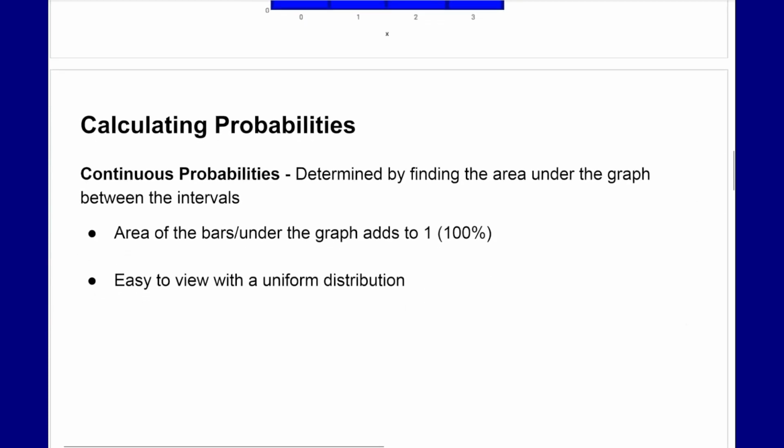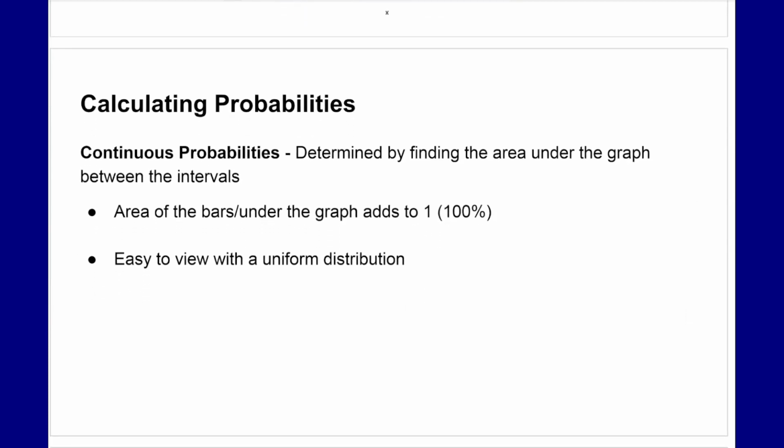When we're looking at continuous probabilities or continuous data, we don't just look at the number of successful outcomes divided by the total number of outcomes, because there might be an infinite number of possible outcomes. So what we do is we look at our histogram and we determine the probability by finding the area under the graph between the intervals.